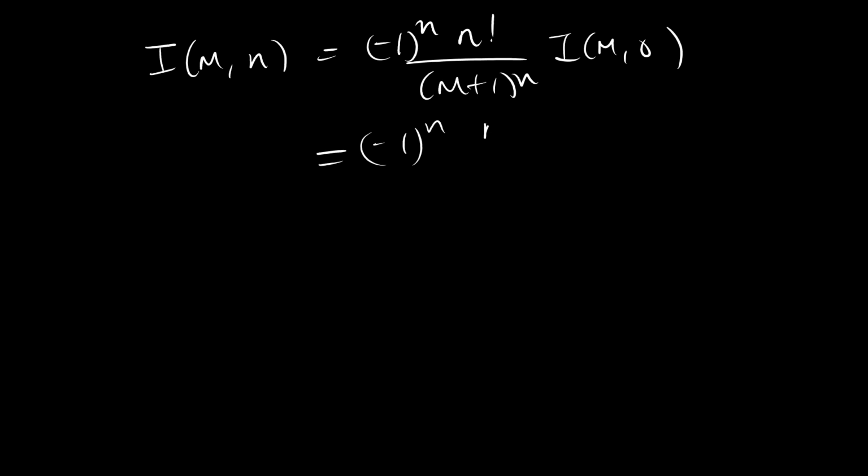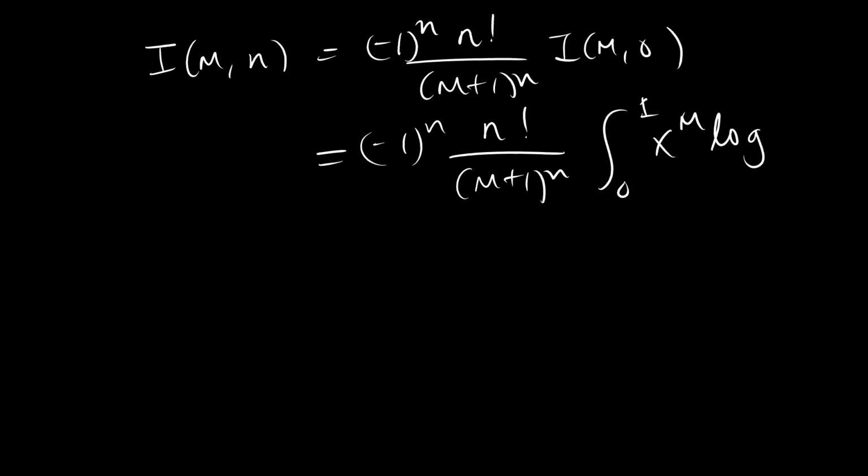which is the same as negative 1 to the n factorial over m plus 1 to the power n times the integral from x equals 0 to x equals 1 of x to the power m, natural logarithm of x to the power 0, which goes to 1 here.